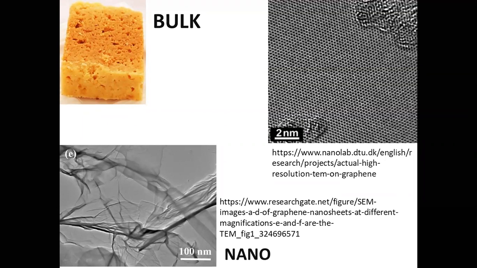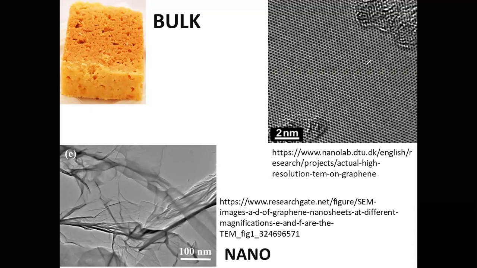See how many hexagons are there in 2 nanometers. You can clearly see the hexagons, each formed by 6 carbon atoms. At the corners you can see dislocations of hexagons, meaning carbon atoms were displaced or are not in order. This is the TEM image of graphene.